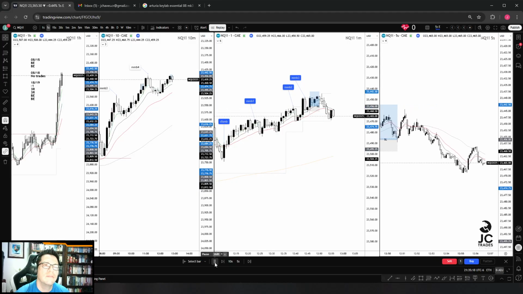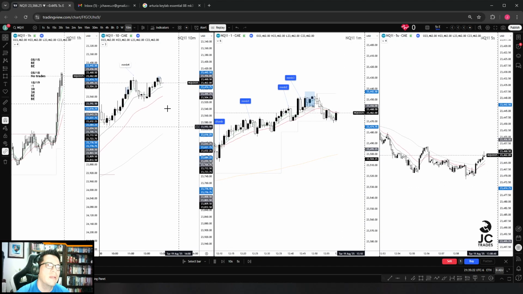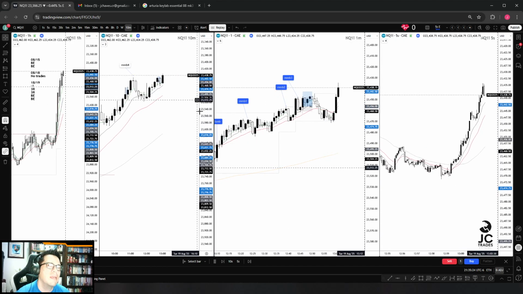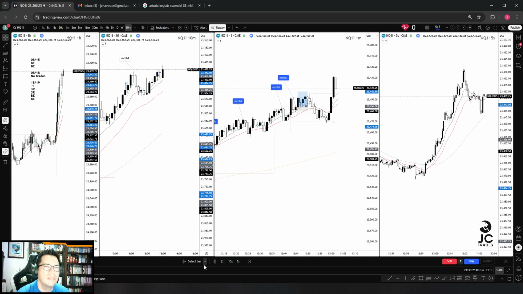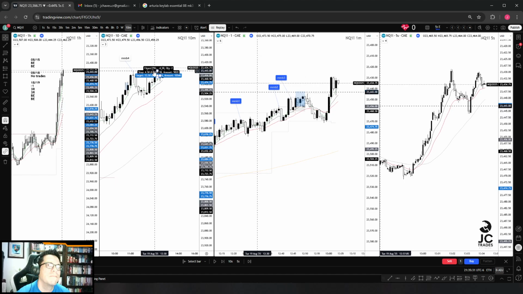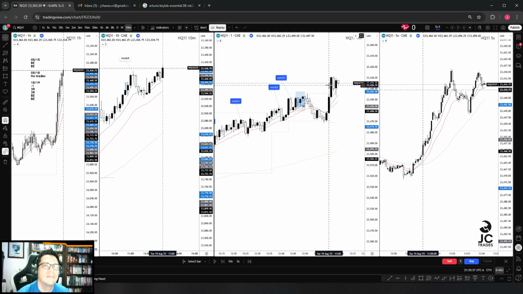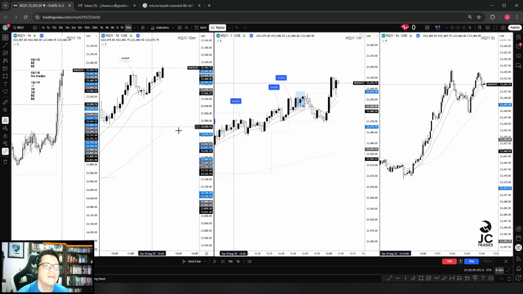So we fail on the validation. Let's remember that we basically came here to validate an MB4, or we're validating an MB4 as of now through this candle here.